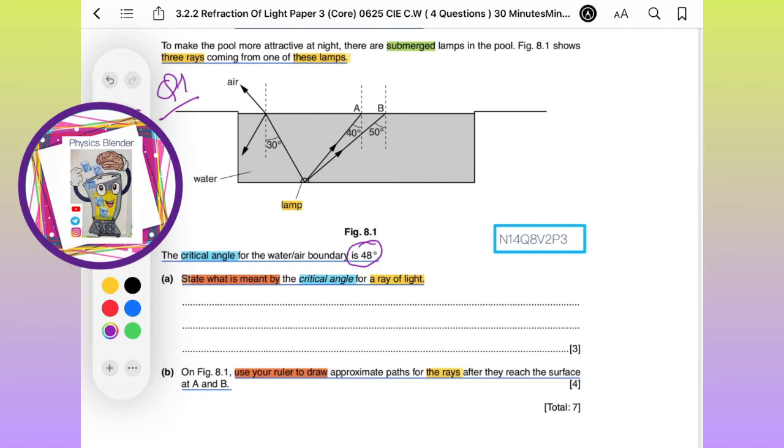This is very important because we said earlier in paper 1 that you have to compare the critical angle and the angle of incidence. We have 3 options: it could be smaller than, equal to, or greater than. According to the case, you will answer how the light ray will behave.